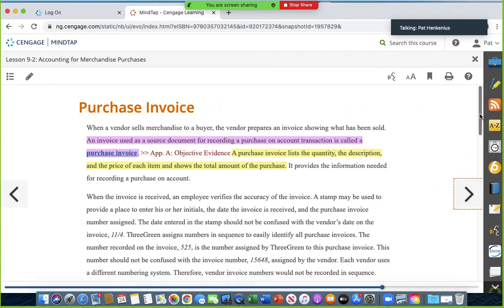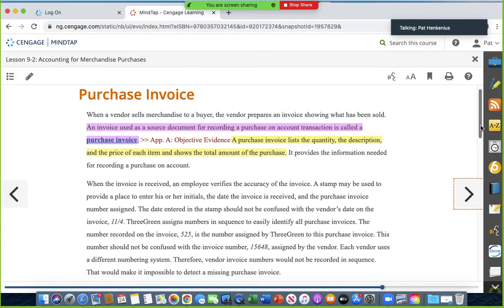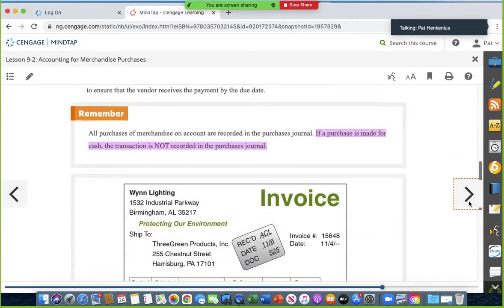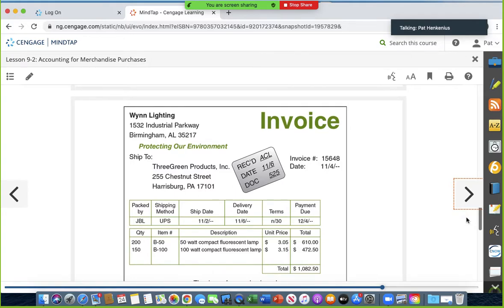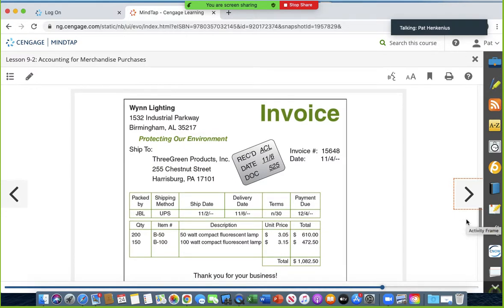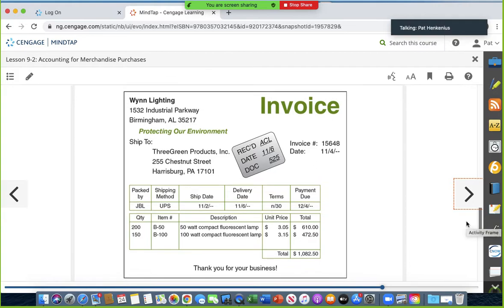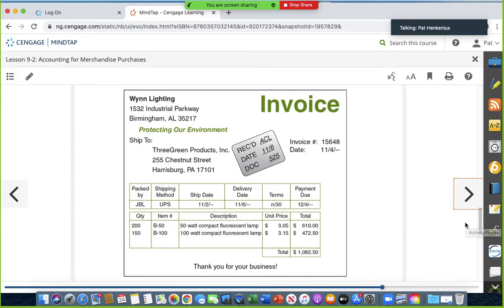All right, so we're going to order purchases and we will have invoices. An invoice used as a source document for recording a purchase is going to be a purchase invoice. That'll be our source document. So in order to order things, you need to fill out a purchase order.